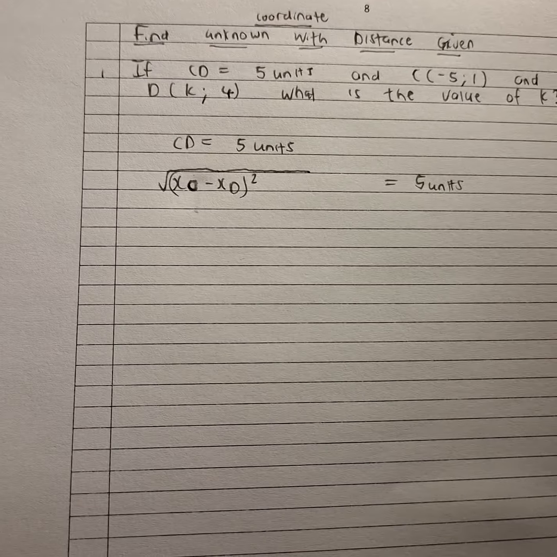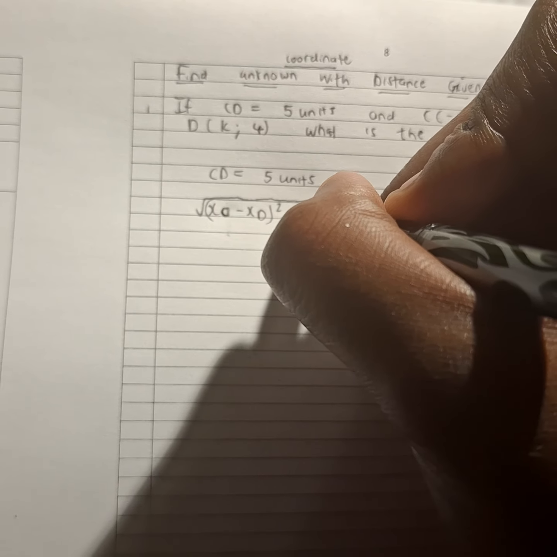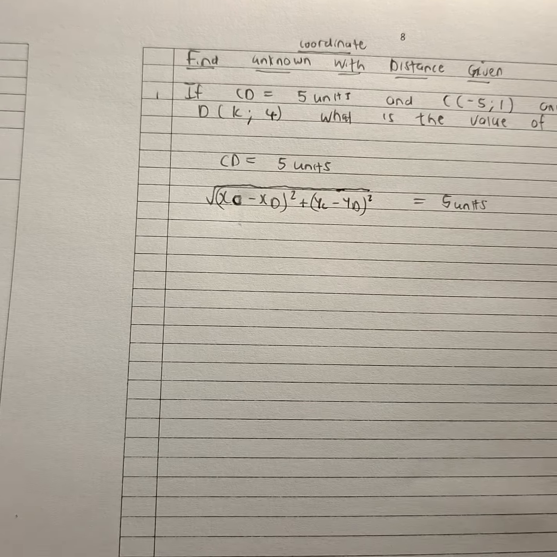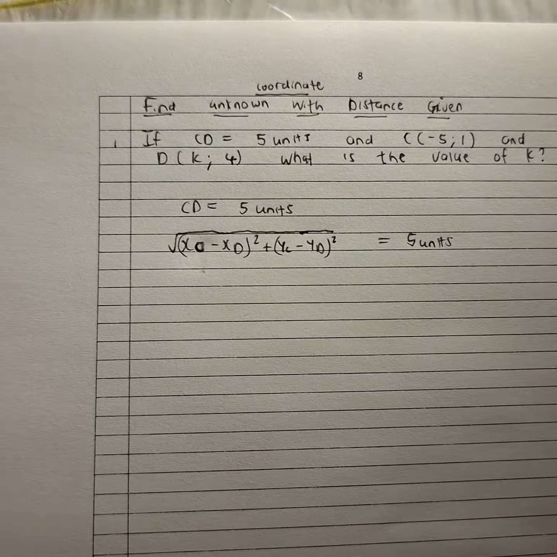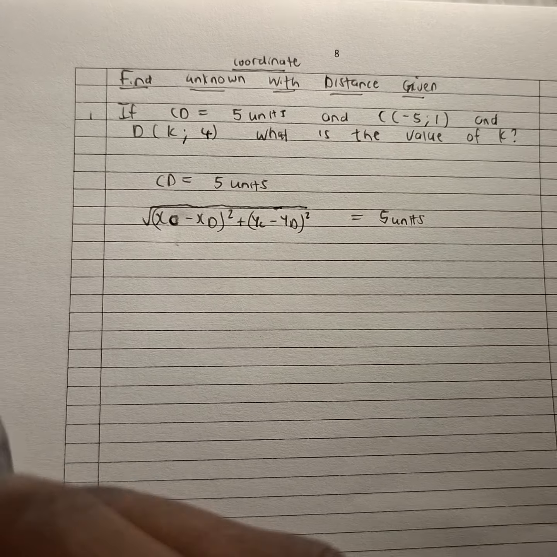The whole thing squared, plus yC minus yD, the whole thing squared. For me, I love that. You can use a typical x1, y1, all of that stuff, but I'm just going to use that.